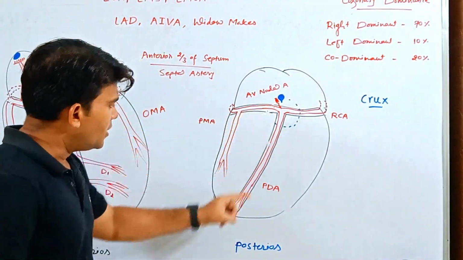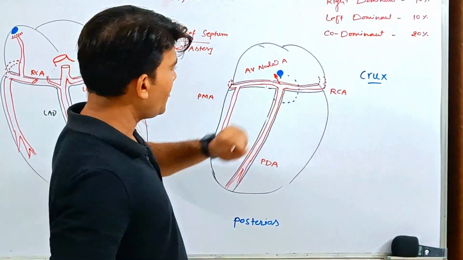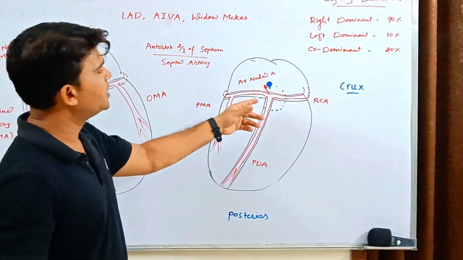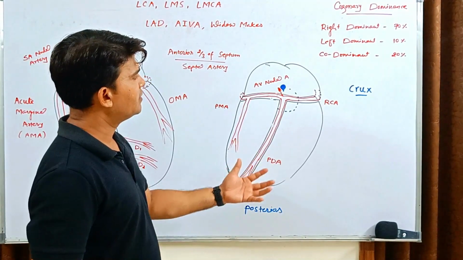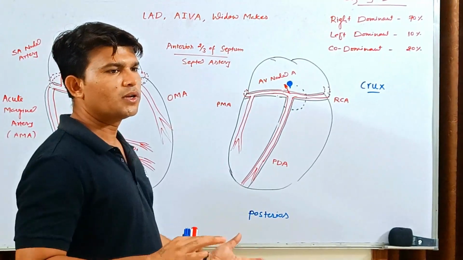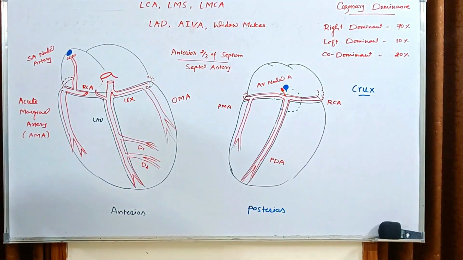So it depends on which artery supplies the posterior descending artery. That creates the coronary dominance: right coronary, left coronary, or co-dominant, right?